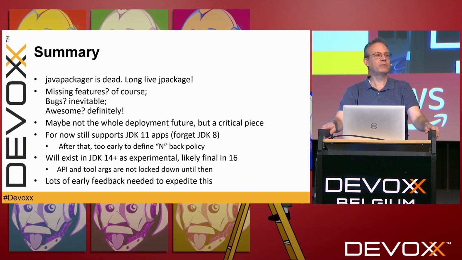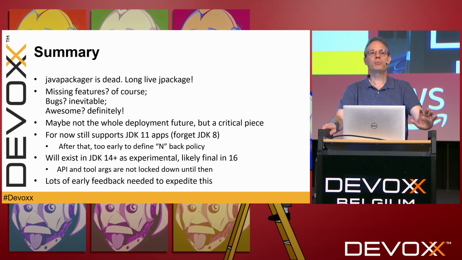And so in summary, we think jpackage is a good direction. It takes the place of the old JavaFX packager, Java Packager that we used to distribute. And it isn't the whole deployment future, but we believe in the new model of you distribute everything as one app. It's a very important key part of that.